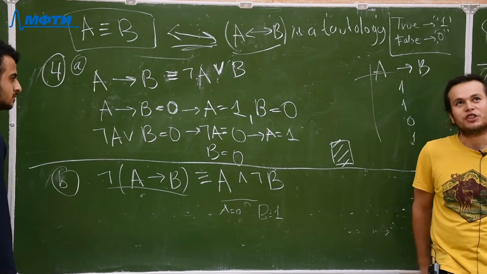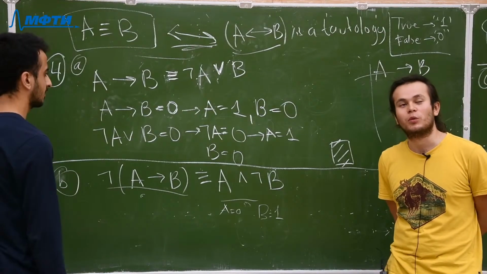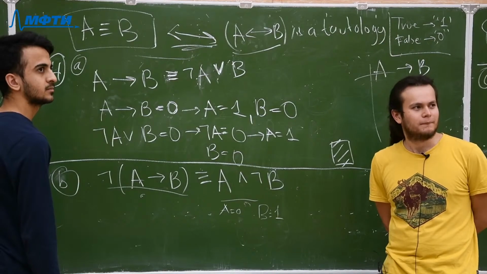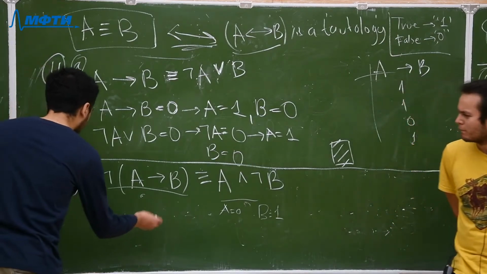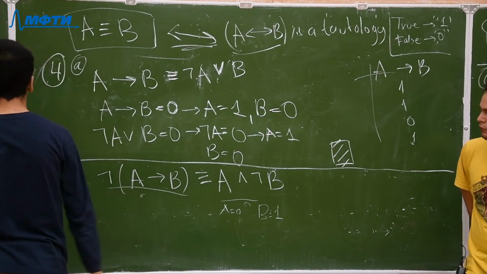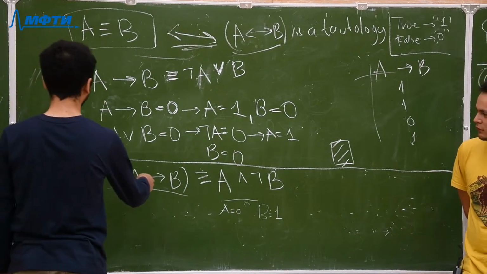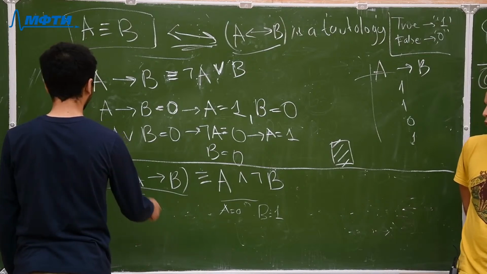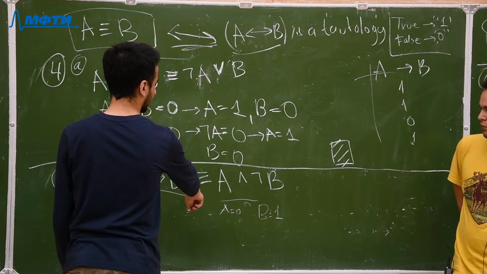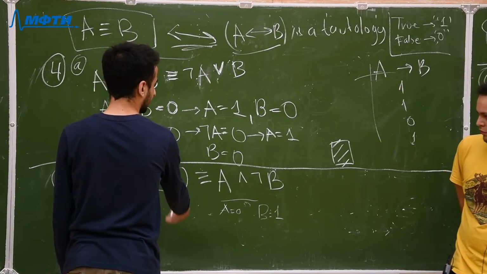And 0 and 0 is 1? Yeah. So this is also 0 for many cases. Why? Because this will be 0 when this one is 1. So we'll have 3 cases.